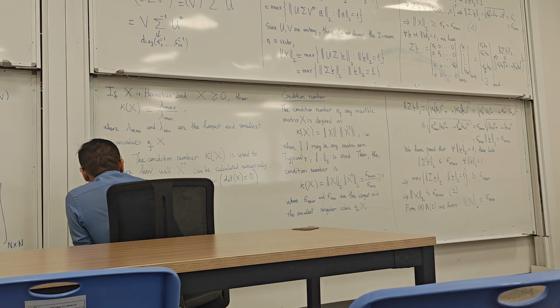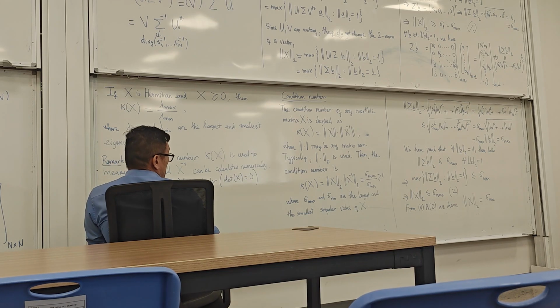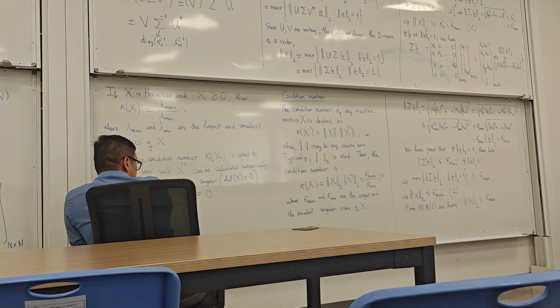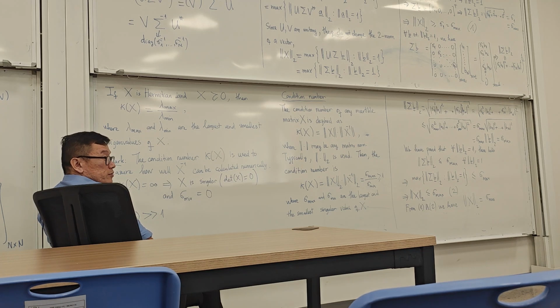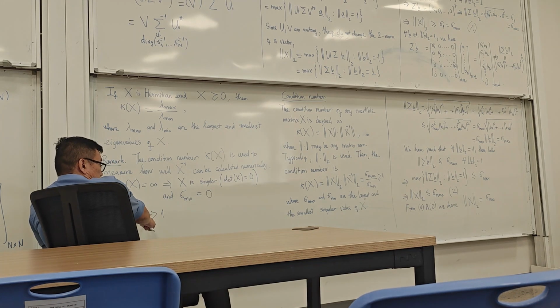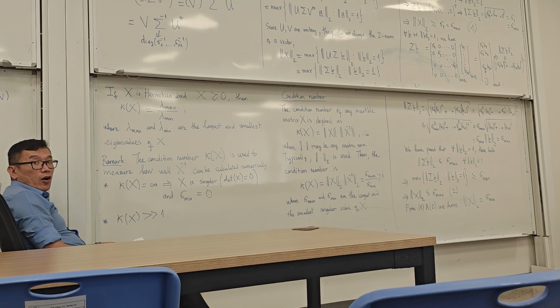And if kappa of x is very big, I mean it's much larger than the number 1. This means that kappa of x is much greater than 1. In mathematics, when people write it out, it means that it's greater than 1 by a lot.